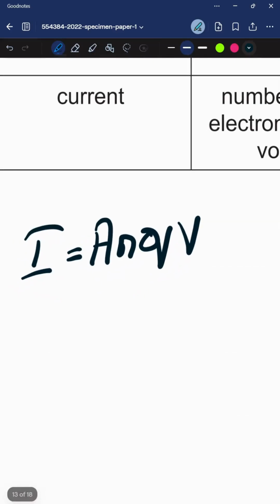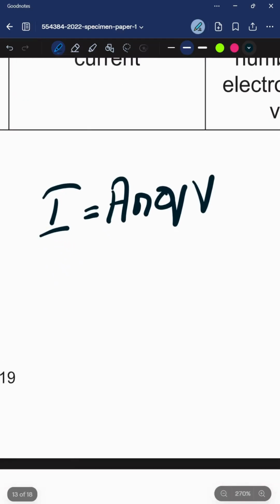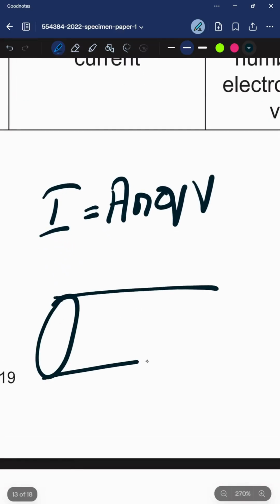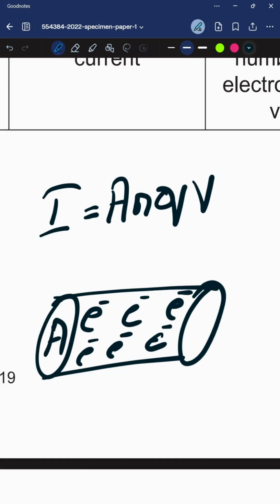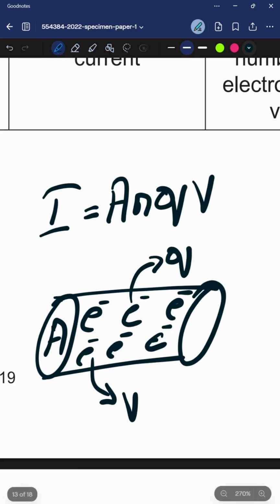Now, this is a general equation if you want to compute the current flowing through a conducting wire. So this is our conductor, and it has free electrons, and it has a cross-sectional area A, and there is a drift velocity V, and the charge on each electron is Q, and N, I will tell you what N is.